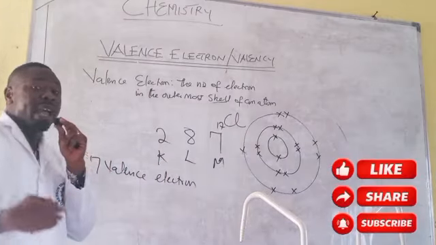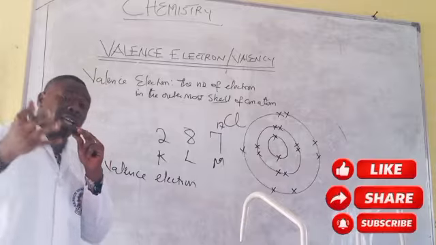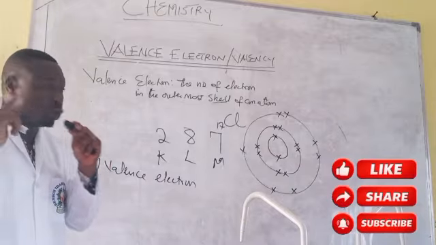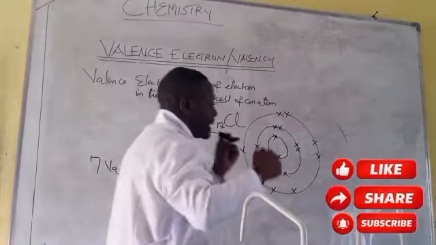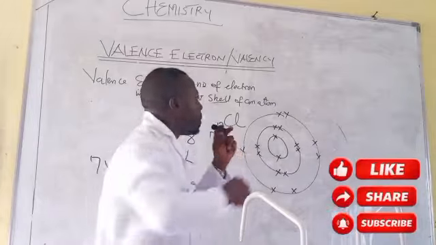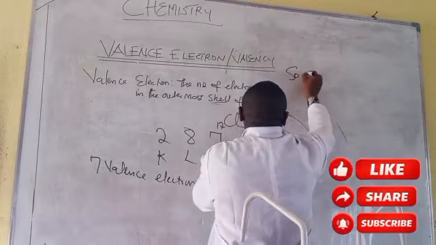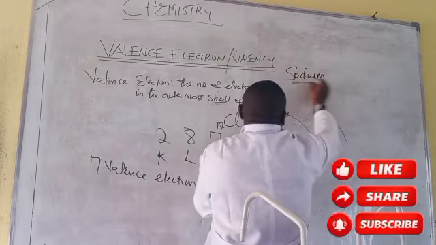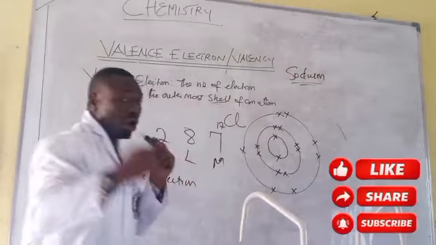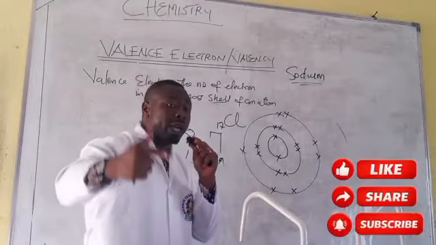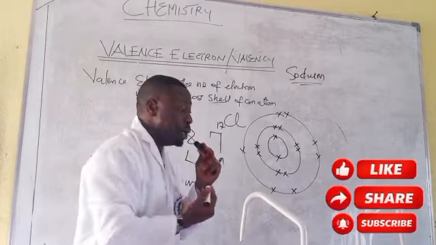That's the meaning of valence electrons. For my viewers watching at home, let me give you an assignment. How many valence electrons does sodium have? Please do it and put your answer in the comment section below.